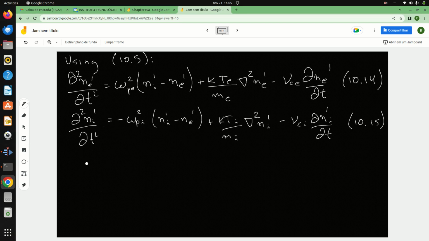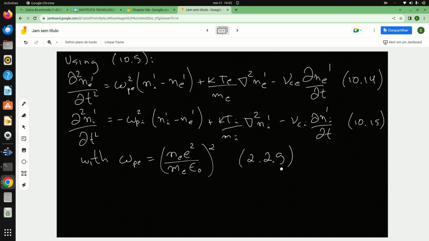Here the plasma frequency was used, and this was defined in chapter 1 of the book. So its plasma frequency is NE squared over epsilon, electron plasma frequency, this is actually from chapter 2, 2.2.9.